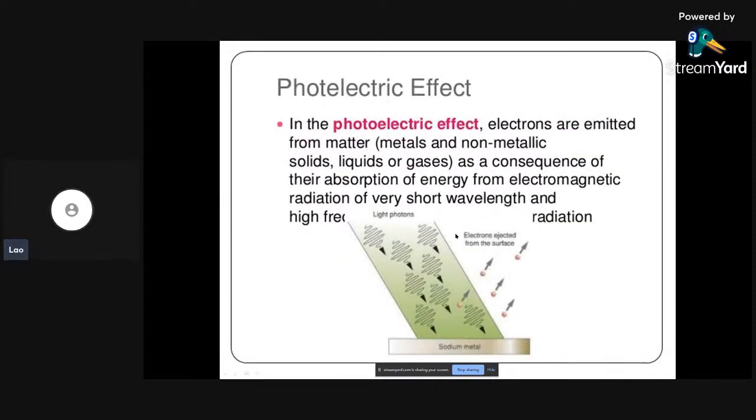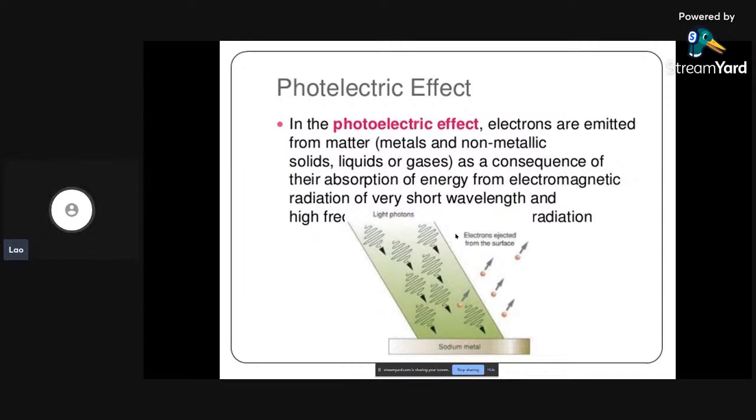So, in the photoelectric effect, electrons are emitted from matter. Ito yung mga metals or non-metallic as a consequence of their absorption of energy from electromagnetic radiation of very short wavelength and high frequency. And also nakalagay na i-indicate dyan is yung radiation.